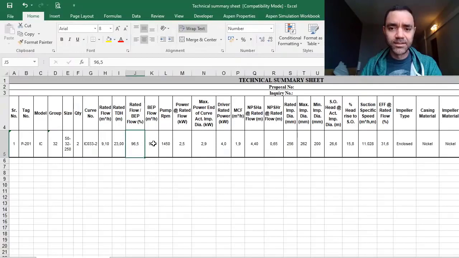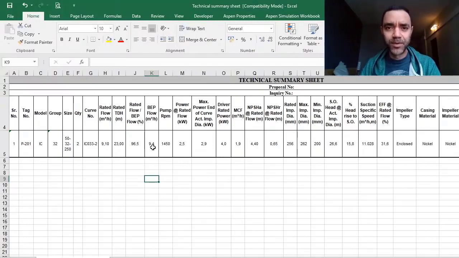And here in this technical summary sheet, we have the best efficiency point. It is the point where the efficiency is the highest. So you can see that this pump was designed for a best efficiency point at 9.4 cubic meters per hour.